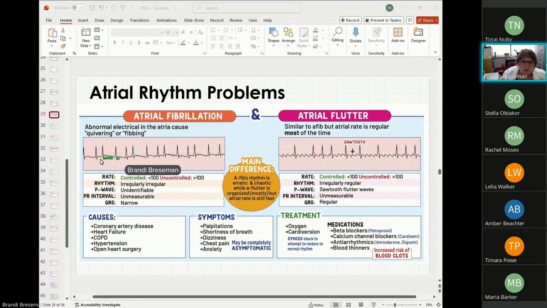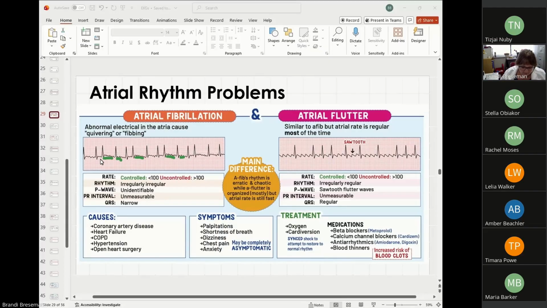And there's no real clear P wave. There's a bunch of them, right? Because the atria is firing from all over the place. And it's causing the atria to fibrillate and not contract. Fibrillate is just a way of saying quivering. Okay.